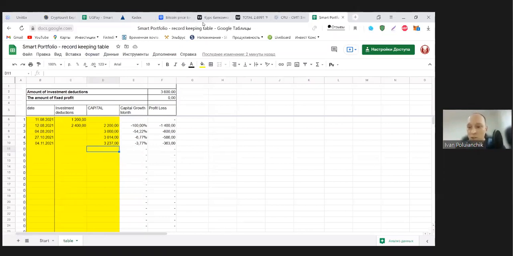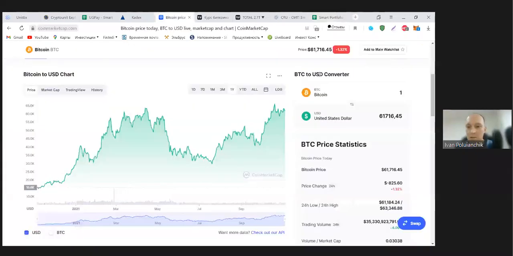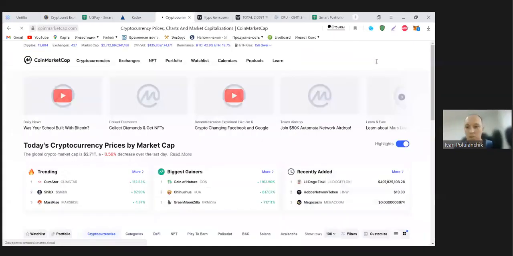And there is a question: is Saitama Inu a good coin? Let's go to CoinMarketCap. And let's have a look at this coin, Saitama Inu.